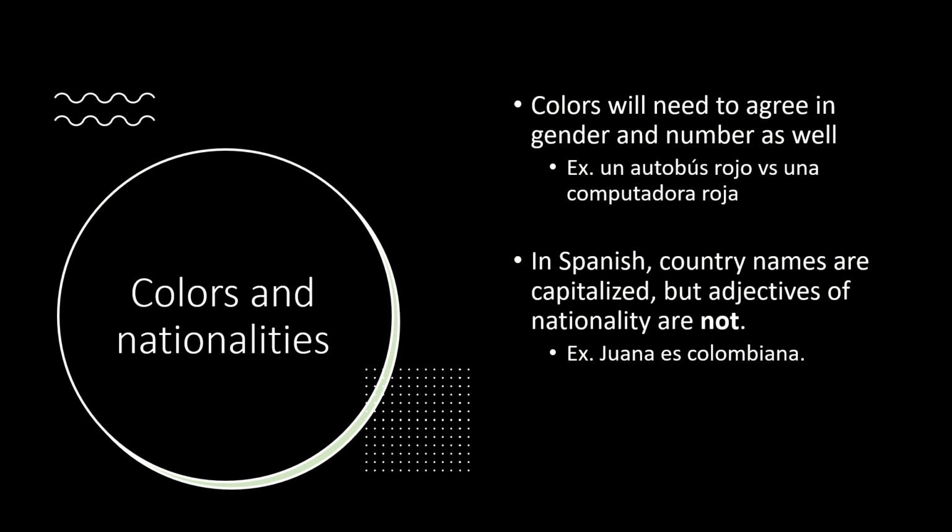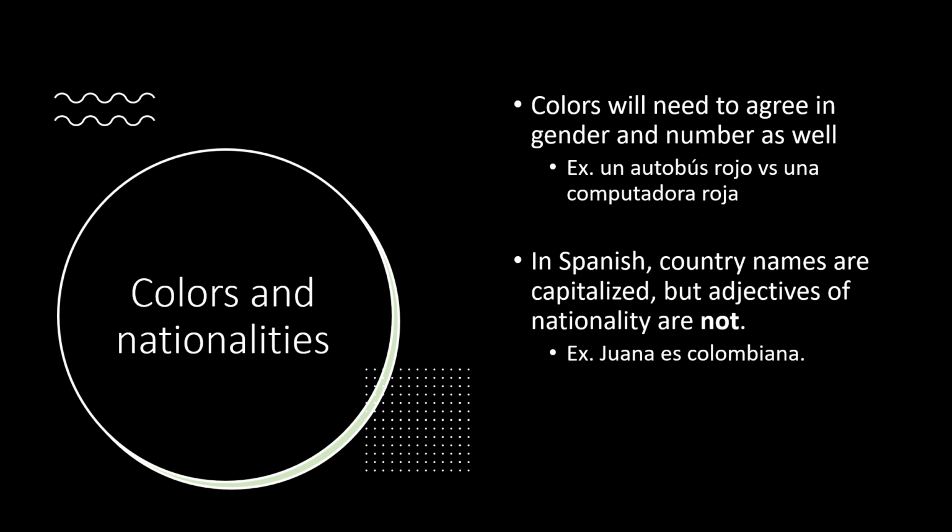It does need to agree in plurality. So if I wanted to talk about many blue buses, I would have to say unos autobuses azules, and I would have to add the es on the end of azul to make it plural.